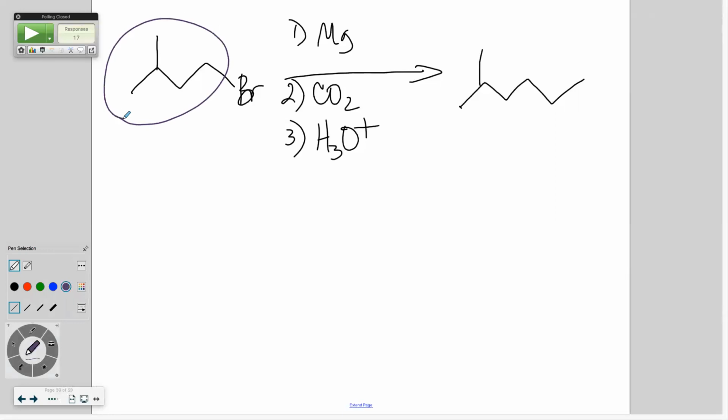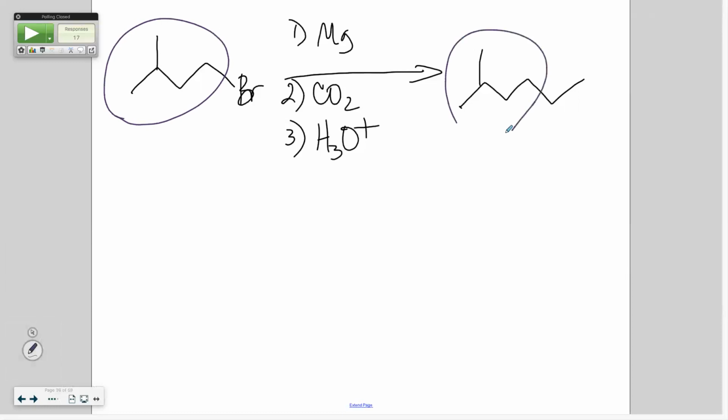So 1, 2, 3, 4. 1, 2, 3, 4. That's this piece. So what do I need on this carbon here? Notice that you increased by 1 carbon. Not 2, not 500, not 36, just 1. Just add 1. All right. You got them now?